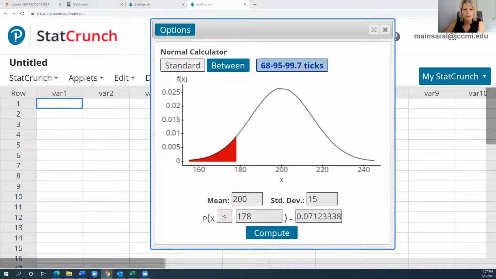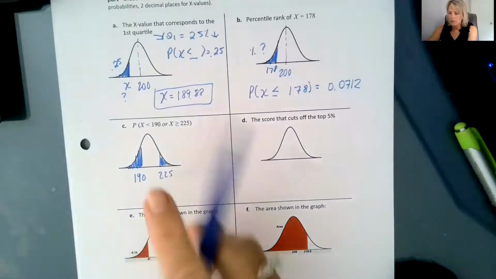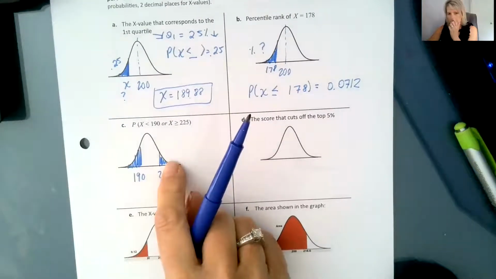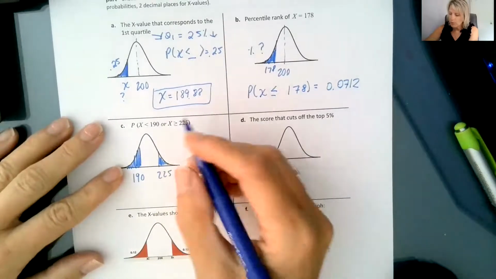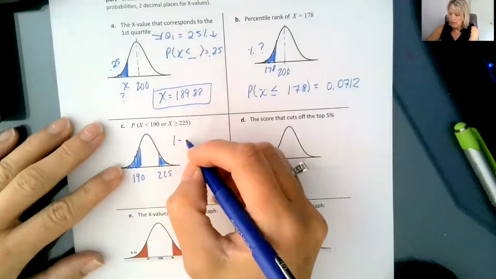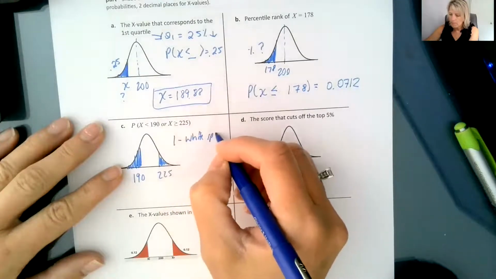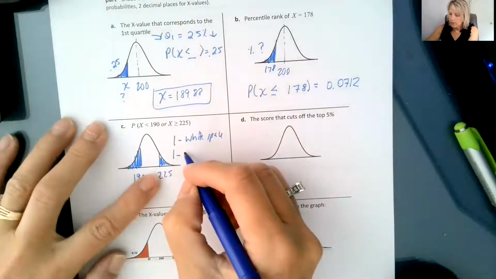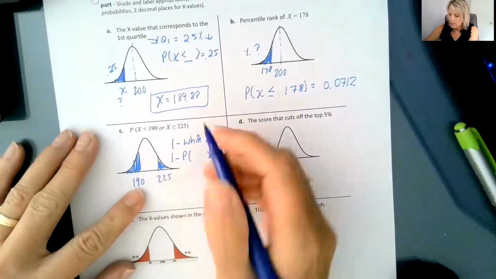Or let's see what the picture looks like. This is what we want, these two shaded blue pieces, added together. So to find the blue, we could say 1 minus the white space, and that is just 1 minus the probability of X being between 190 and 225.